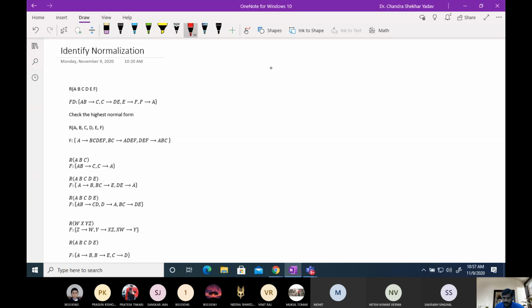Then the next normal form is sixth normal form, or we can say that it is the domain key normal form.